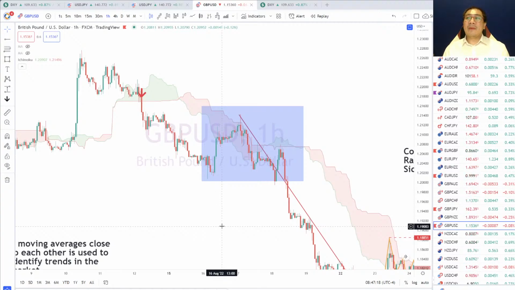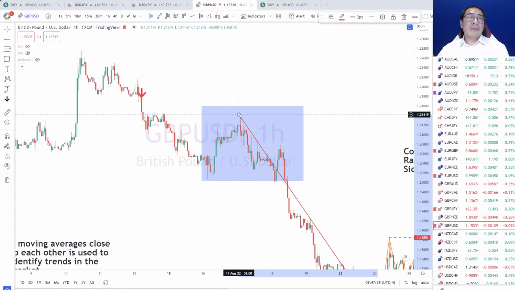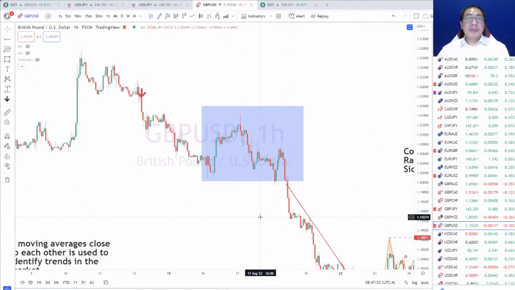No takers? Okay, I'll draw it for you. I'll hide the Ichimoku cloud for a minute here. I'll move this out of the way. Double bottom? No. Yay! Thank you again.